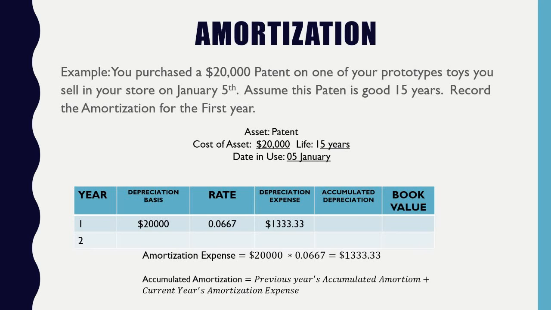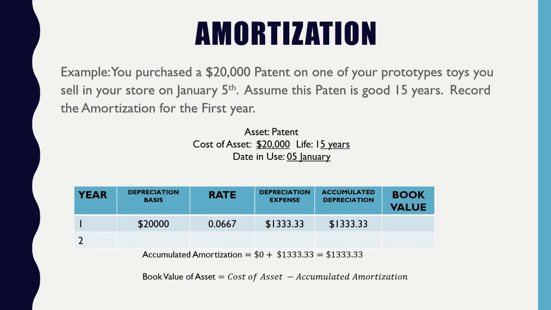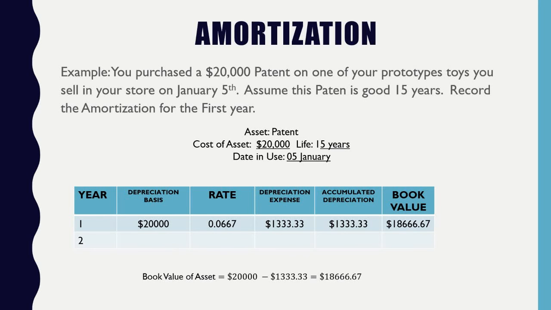It's roughly $1,333.33. Okay. So then what's my accumulated depreciation? Same thing as my depreciation expense for the first year. So then what is going to be my book value? $18,666.67. Excellent.